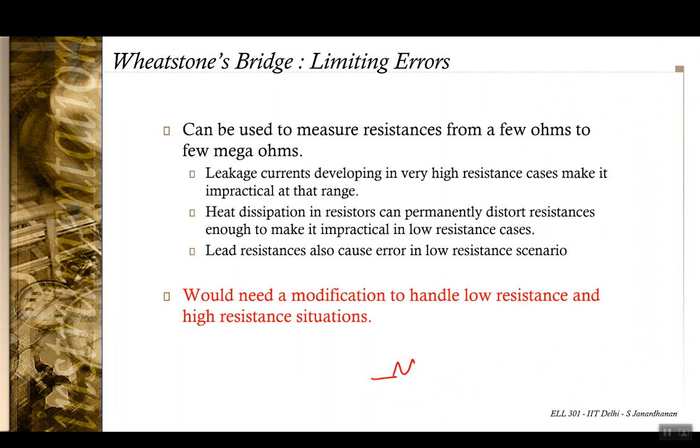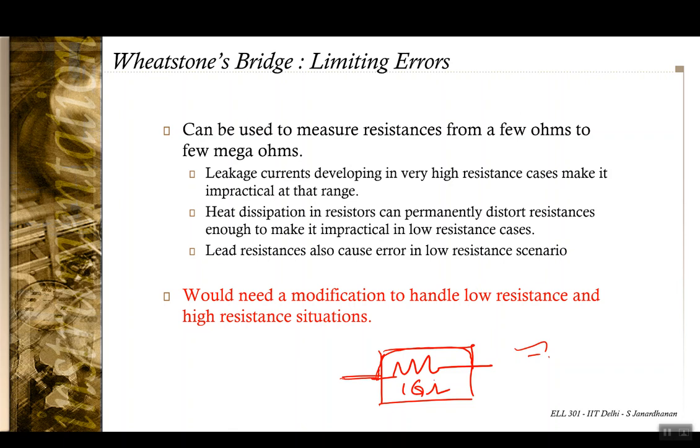Let us say you have a 1 giga ohm resistance, and this resistance is kept in an insulator. Now the resistance of this insulator material will be comparable to the resistance of this giga-ohm resistor.